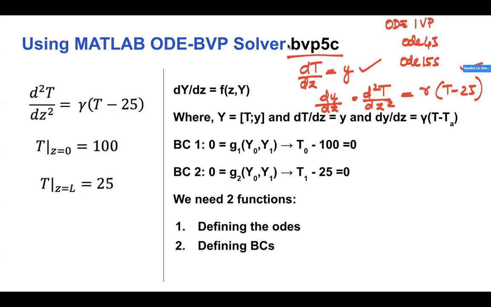So we have to define another variable, capital Y. Capital Y has two variables: the first variable is T and the second variable is small letter y.